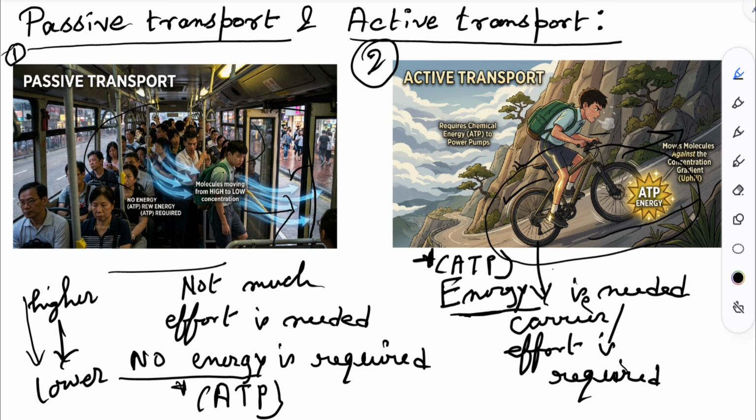In passive transport we don't need a carrier, unless it is facilitated passive transport, then we need a carrier, but that is something different. In a very easy scenario we can find the difference between passive and active transport.